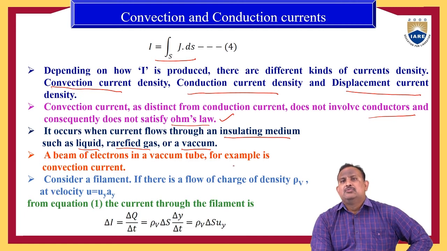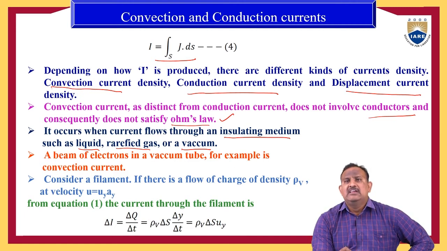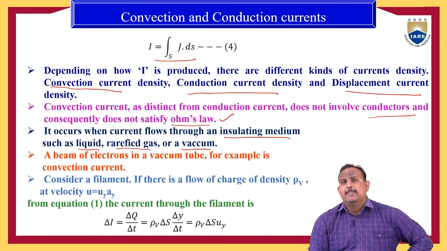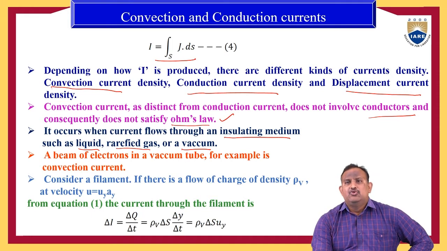When current flows through these media, we can define the convection current density. A beam of electrons in a vacuum tube is an example of convection current. Because of the convection current, we have convection current density.